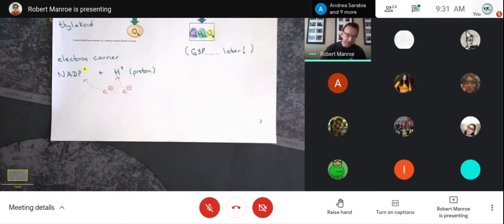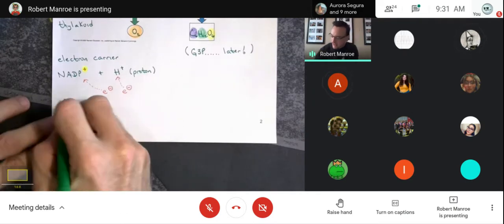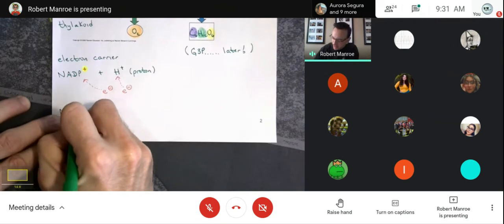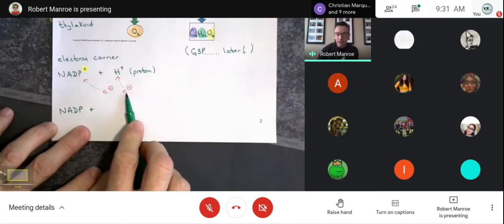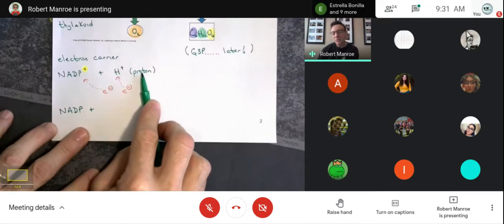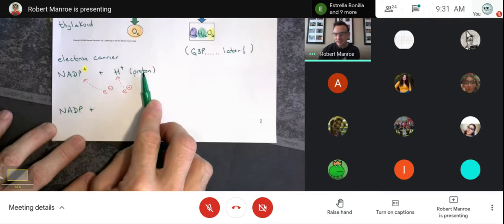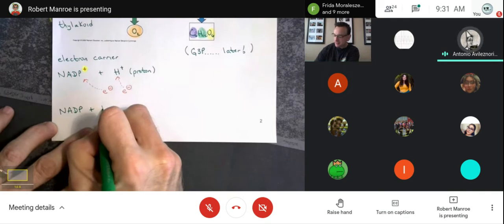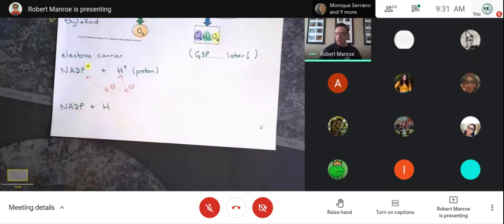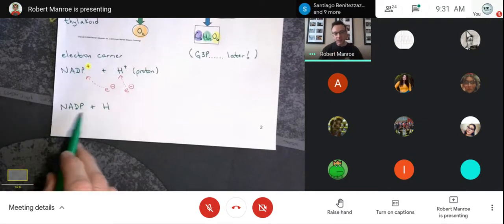What does it become? Neutral. Excellent. Now, if you bond an electron to a proton, what do you make? One electron, one proton. What is that? Hydrogen. That's hydrogen. So when we talk about NADP being an electron carrier, that's true. It only carries one electron. This associated proton picks up the other electron. So then you get NADP plus an H.